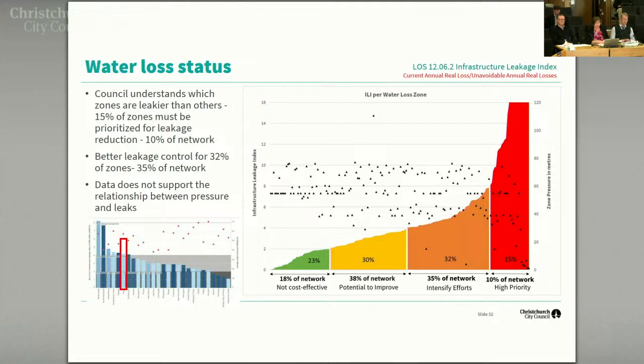If we however look at our infrastructure leakage index of the 182 water loss zones, we see that 15% of those zones, that represents about 10% of our network, really needs to receive high priority for fixing of leaks. We can also improve our efforts in another 35% of the network. Our average ILI is 4.35, and it's just within the orange band. And that is why Christchurch is still in the top 10 in terms of ILI comparison.